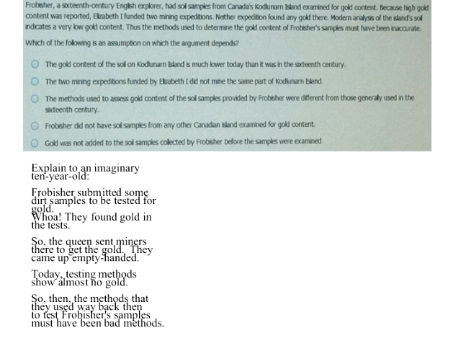So the methods that they used way back then to test Frobisher's samples must have been faulty or bad methods. Okay, the 16th century test, yeah, so basically we're concluding that they must not have known how to really test for gold, you know.